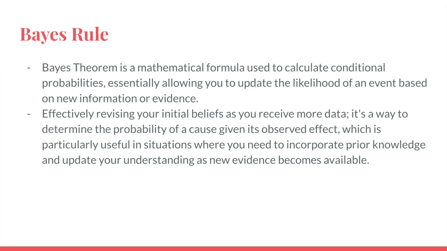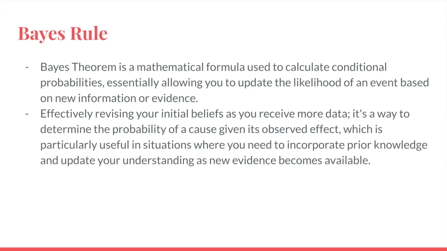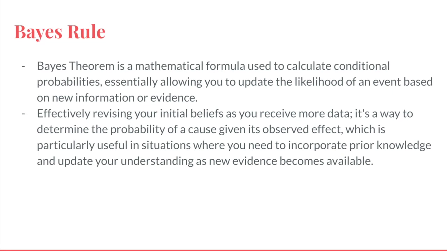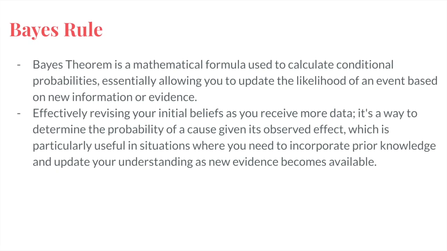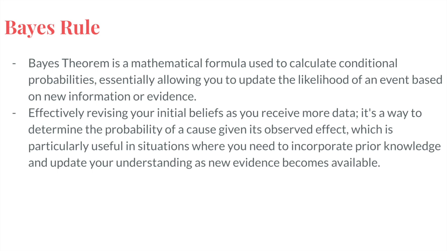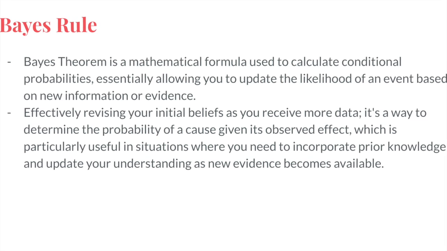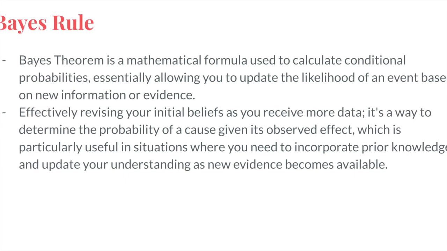Bayes' rule in logic is used to calculate the probability of a hypothesis being true with new evidence. It's basically allowing you to update your belief in a hypothesis based on observed data. It's kind of like reasoning backwards, but you do it to determine the likelihood of a cause based on the observed effect.